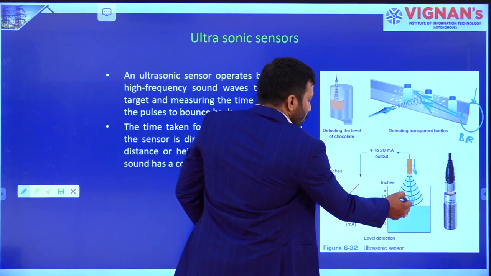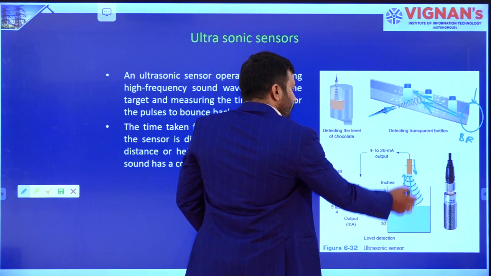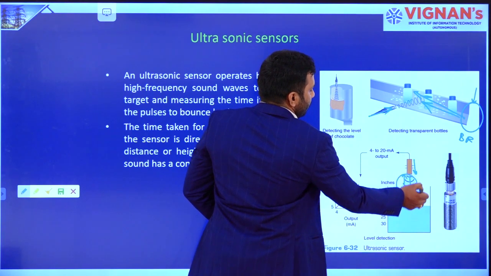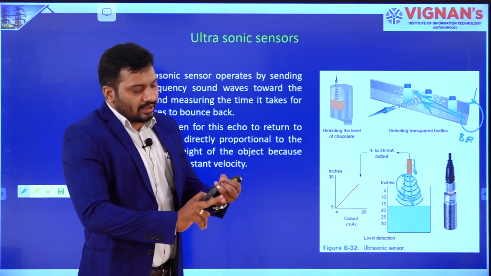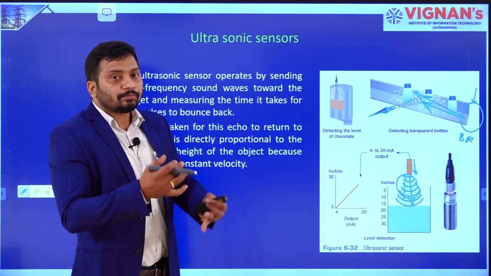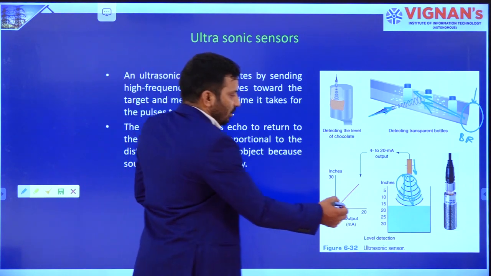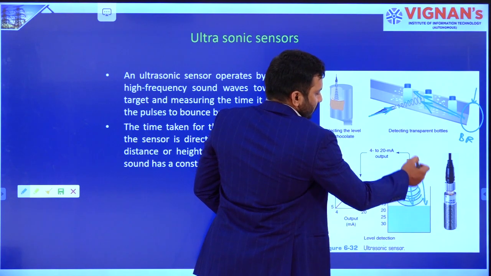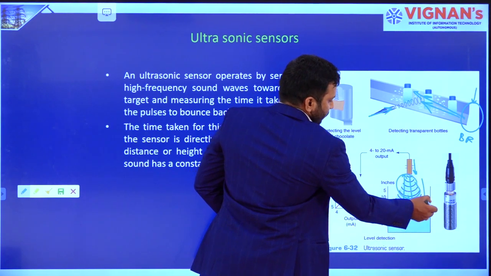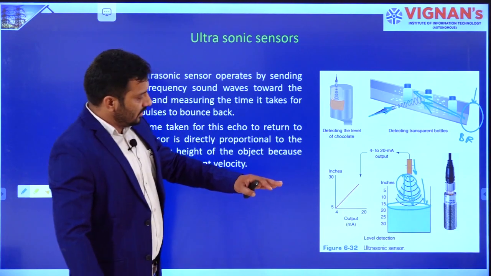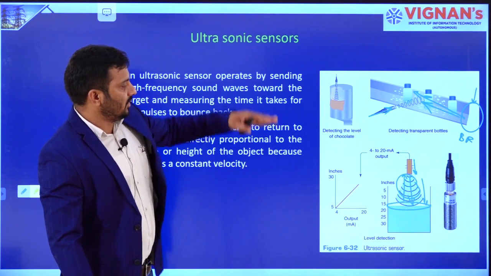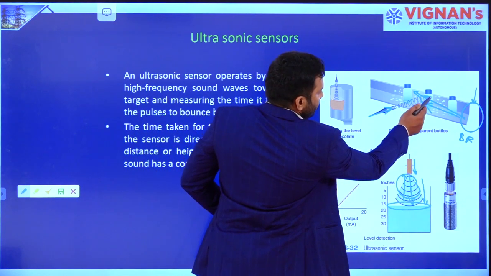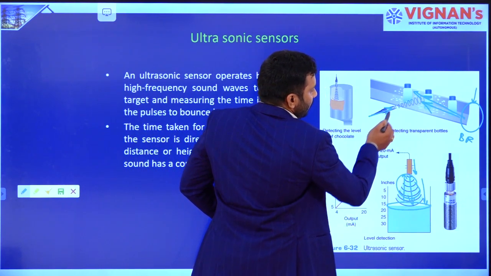So, depending upon how much time is taken for the sound waves to reflect from the liquid surface, if you know velocity and time, you can measure distance, how much distance there is to the liquid level, right. How far this liquid is filled, right. So, whether this bottle is filled to this level or not, it is going to be sensed.